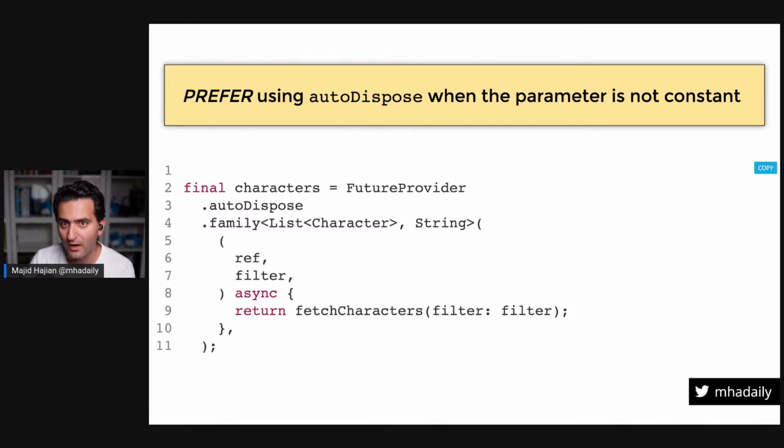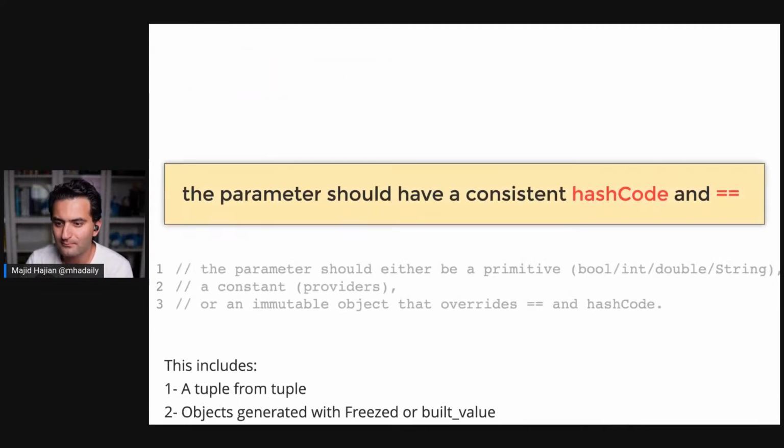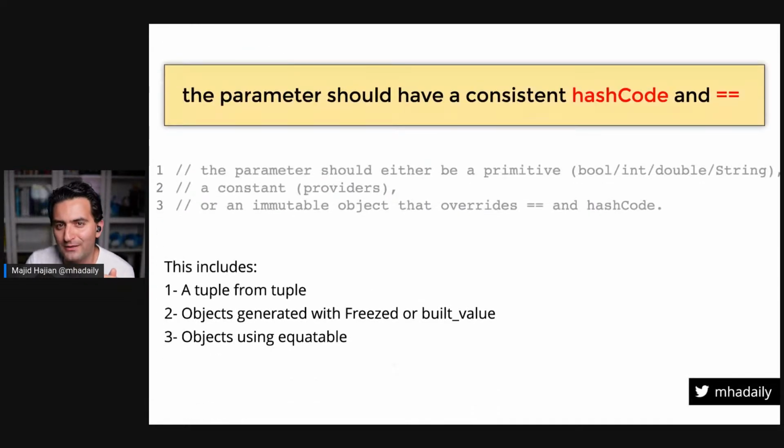If you define the provider in this case with family, use auto dispose, which helps you to prevent the memory leak and listening too much and stuff like that. So it's actually a preferred way of doing that. And when you have that parameter, the ID I mentioned, it should have a consistent hash code and equal. So, what does it mean?